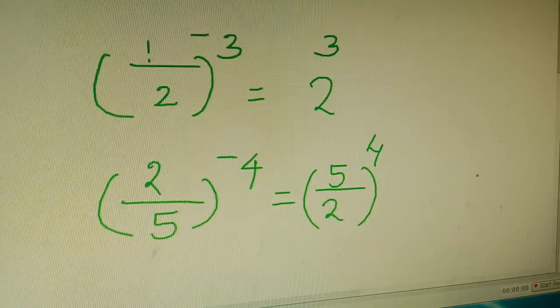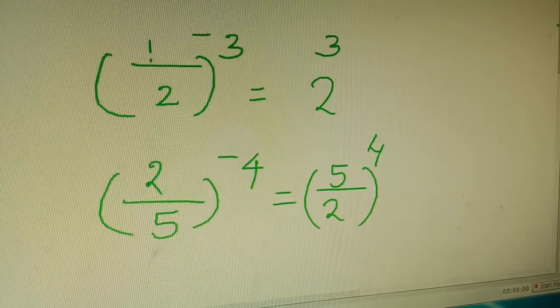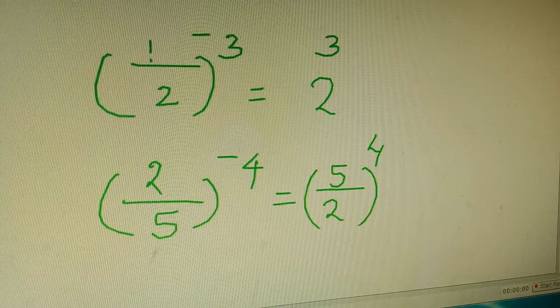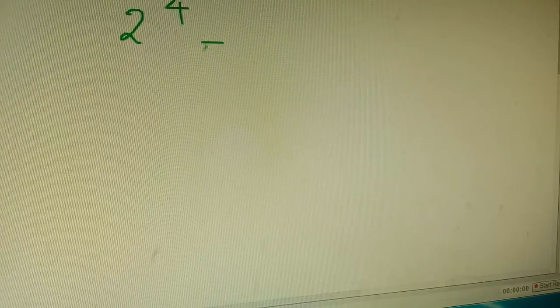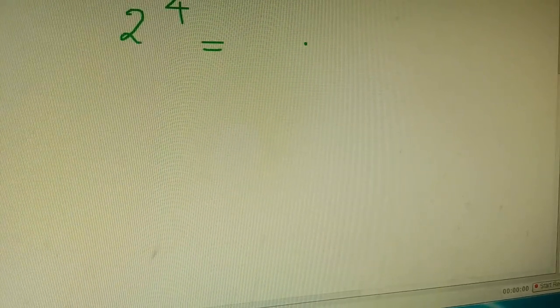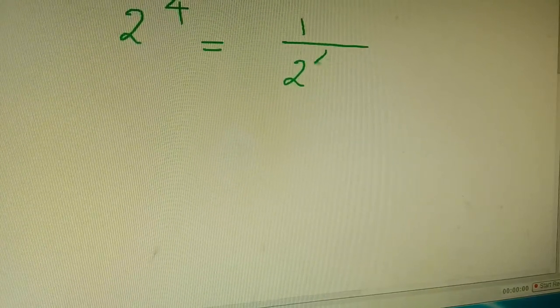So study all these laws, then by using these laws we can do the problems. Okay, we can do some problems. First one, what is the value of 2 to the power of negative 4? 2 to the power of negative 4, that is 1 by 2 to the power of 4.